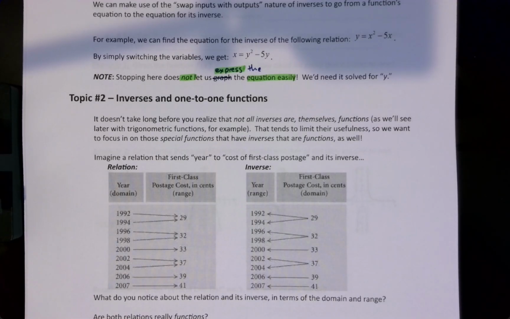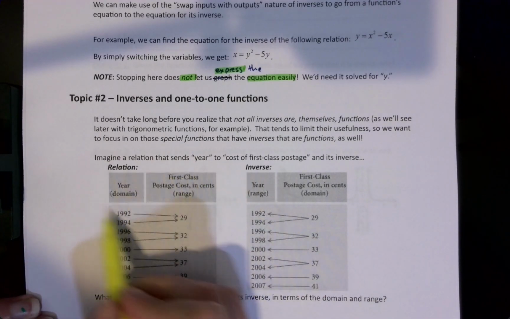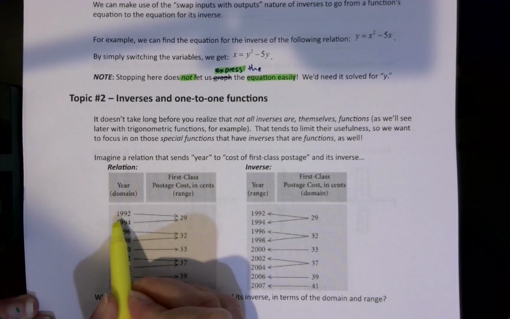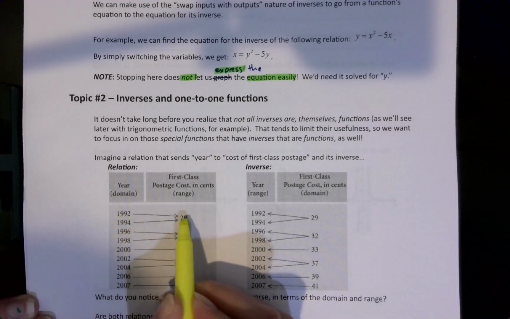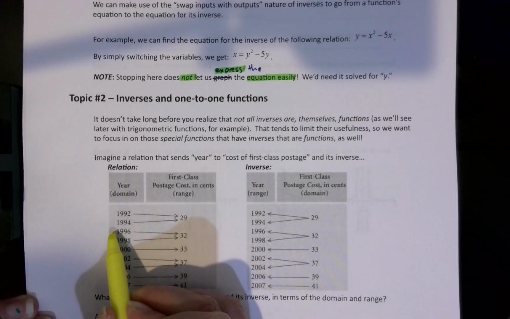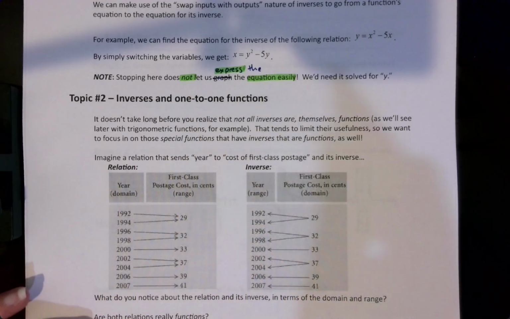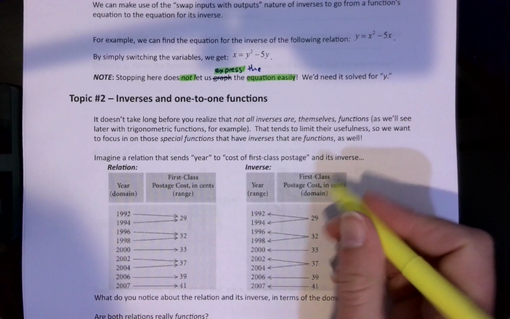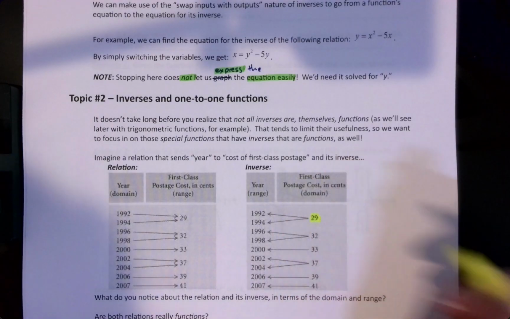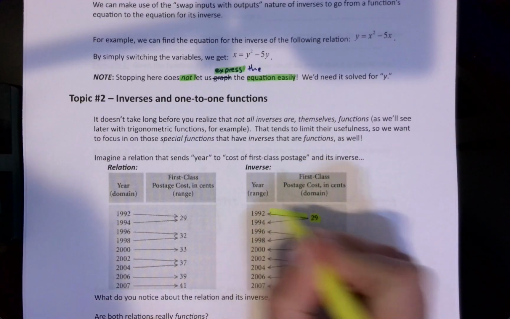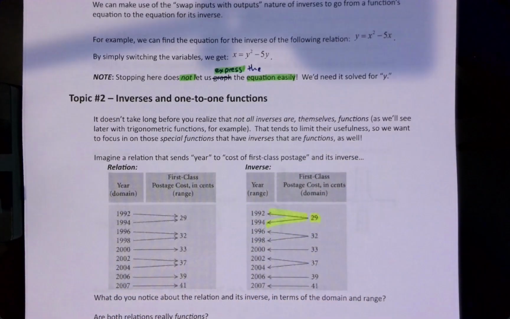Well, I might notice that this is a function in its original orientation because the year 1992 has exactly one cost, 29 cents, and the year 1994 has exactly one cost, 29 cents as well. So this is a function. But when I go in the reverse direction and ask in what year was the cost 29 cents, there are two possibilities. So it means that the inverse is not a function, even though the original was.